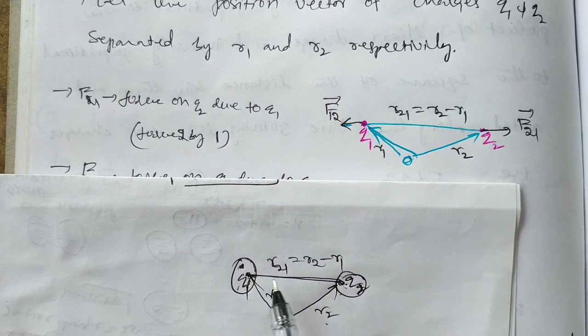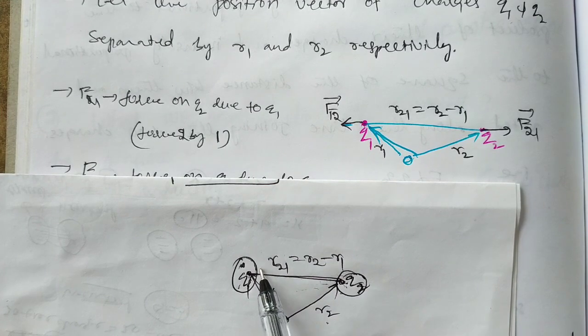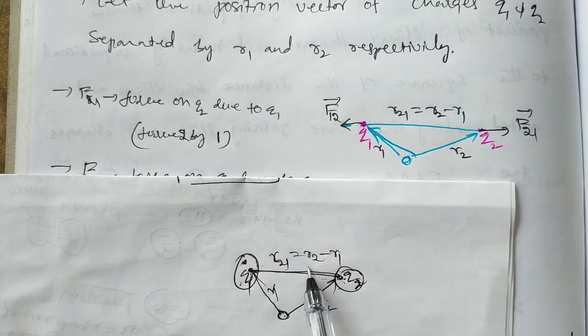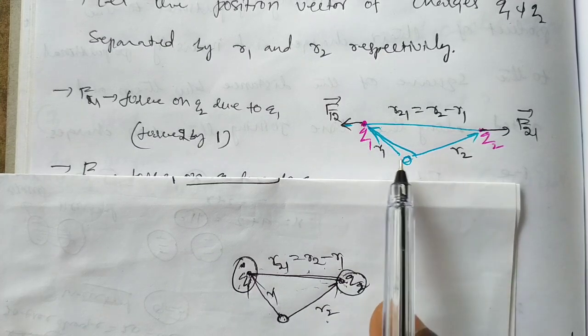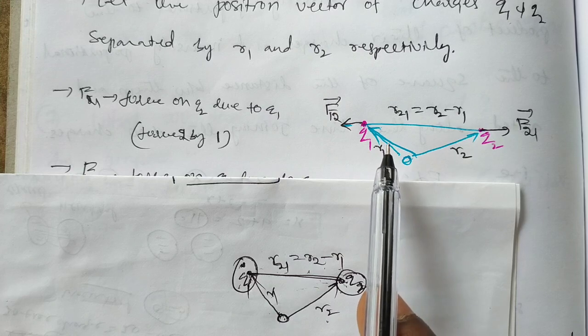The separation between the two charges is r21 equal to r2 minus r1. That is the vector form for the two charges.